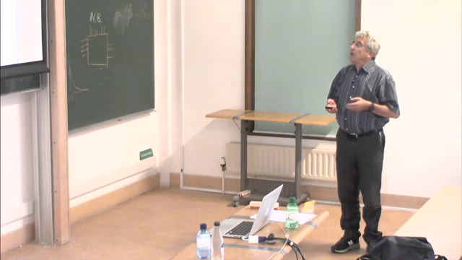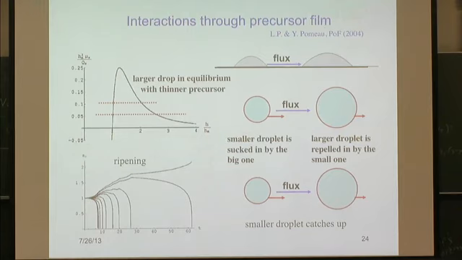Now let us look at two droplets, one big and one small. They are both non-wetting or partially wetting droplets, and from this diagram you see that the thickest precursor is in equilibrium with the bulk droplet, which is of macroscopic size.